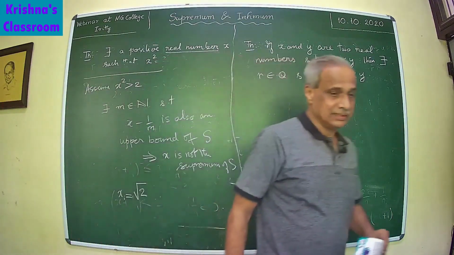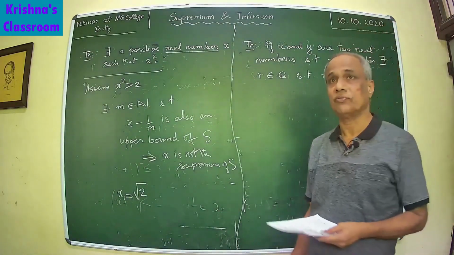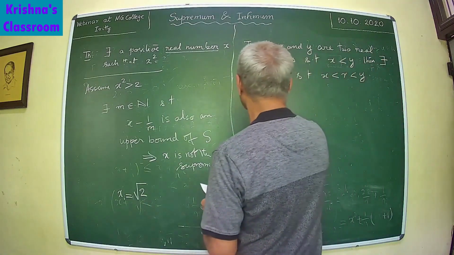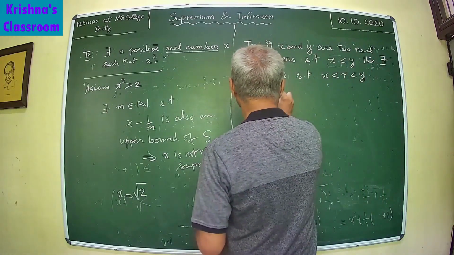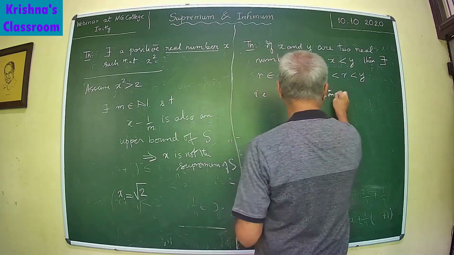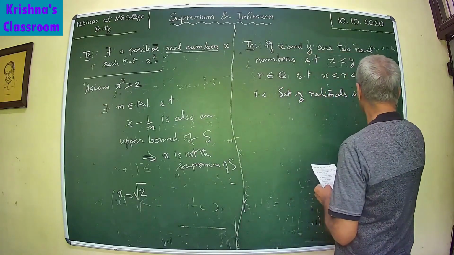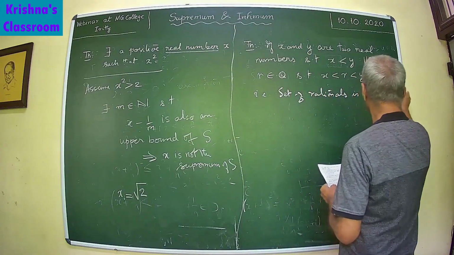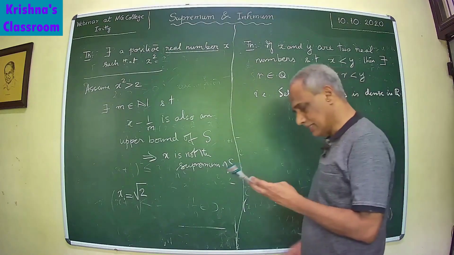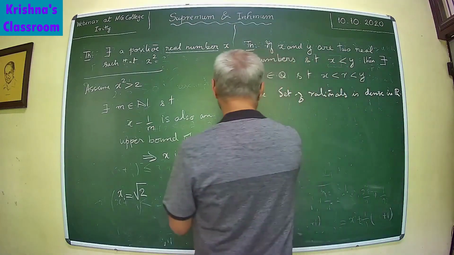This in fact tells you that the set of rationals is dense in R. That is why you call it completion. Let us just look at the proof of this.